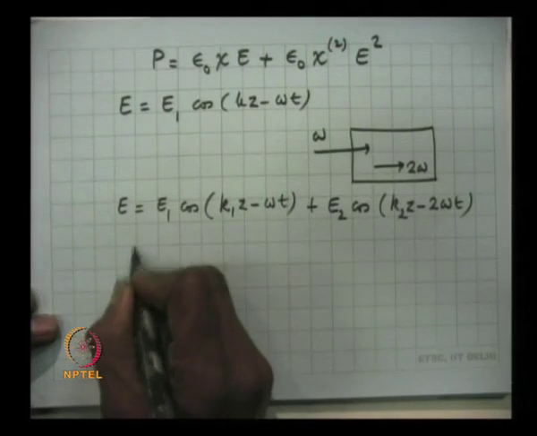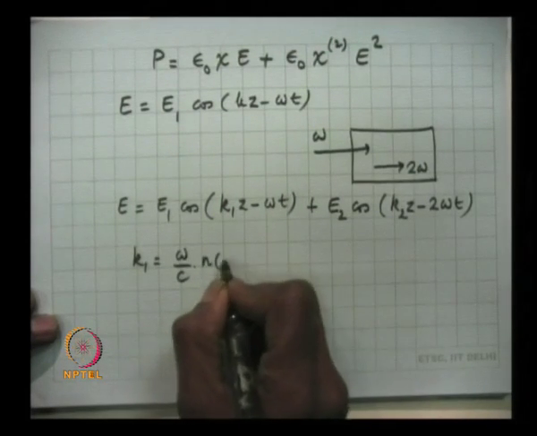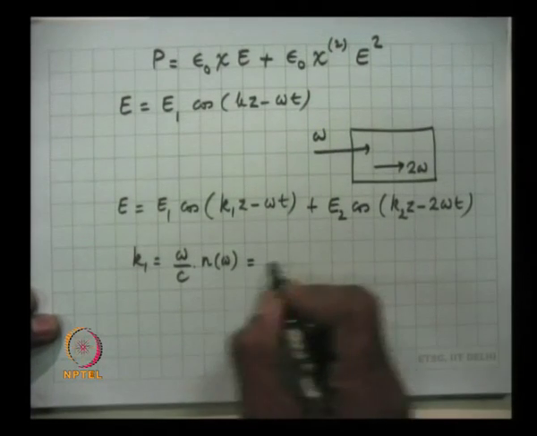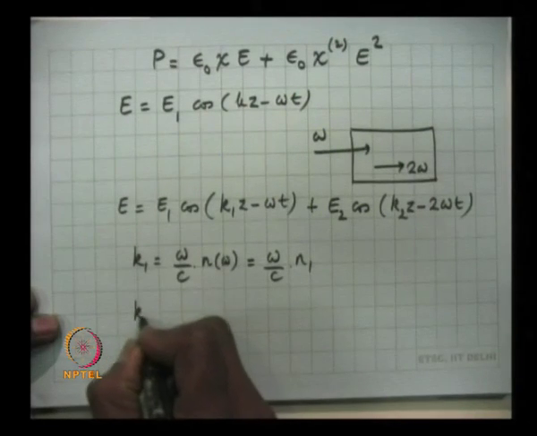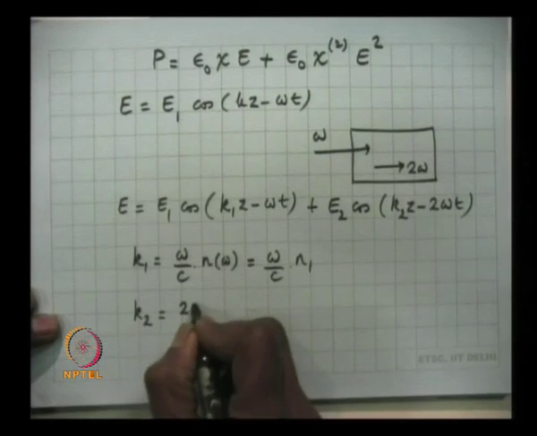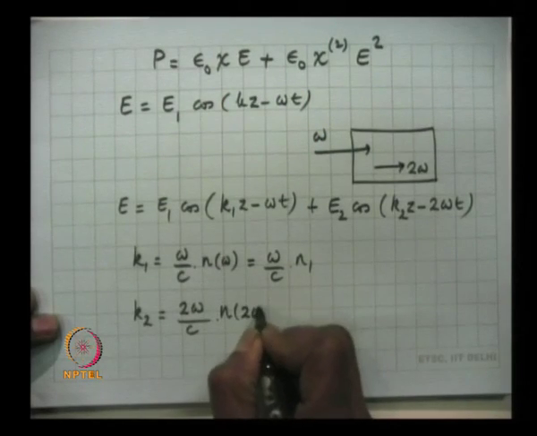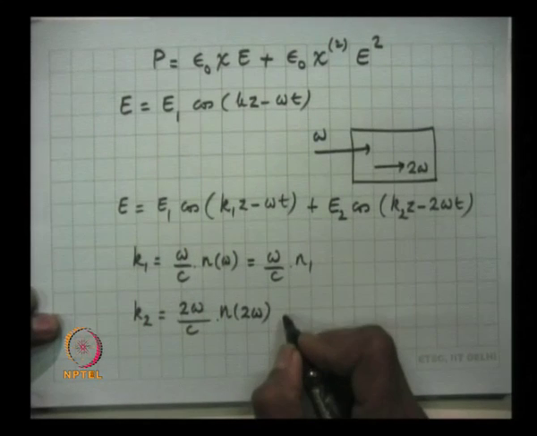So, k 1 will be omega by c into the refractive index at frequency omega, which I call n 1. So, omega by c into n 1. k 2 is the propagation constant of the medium at frequency 2 omega, so 2 omega by c into the refractive index at 2 omega, which I call n 2.